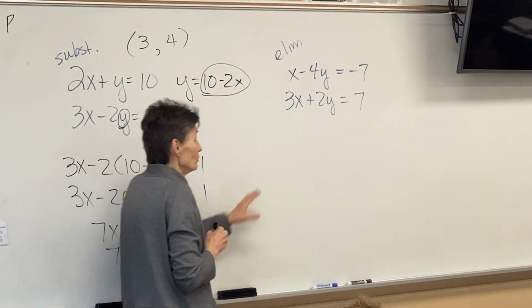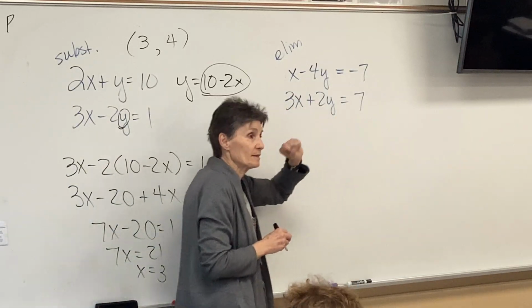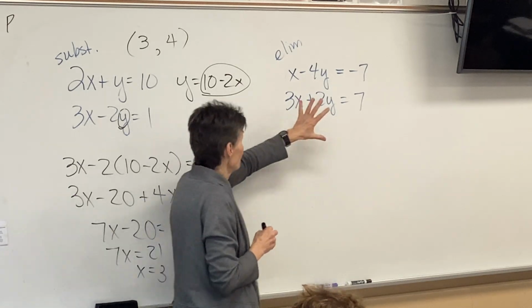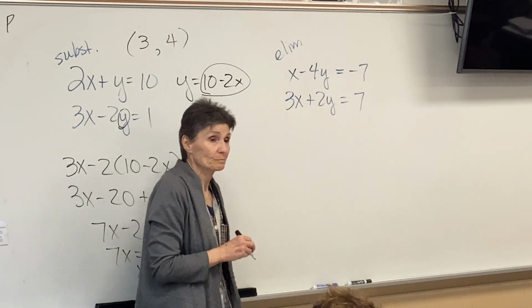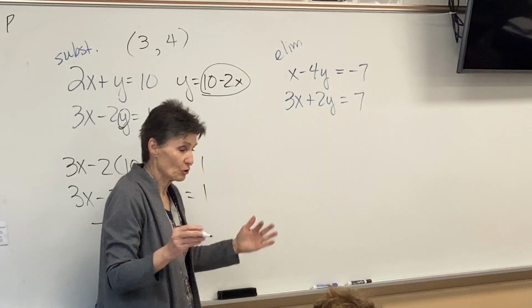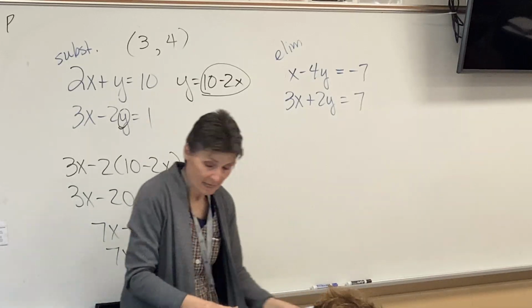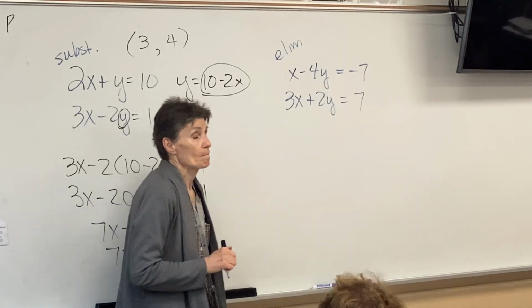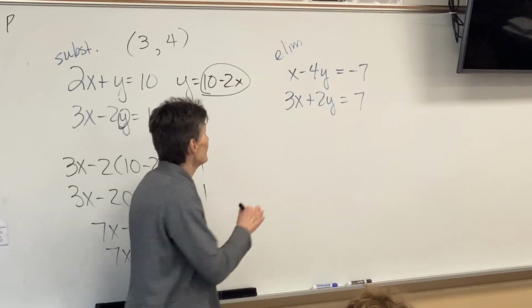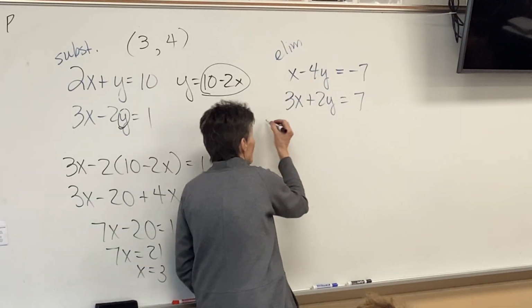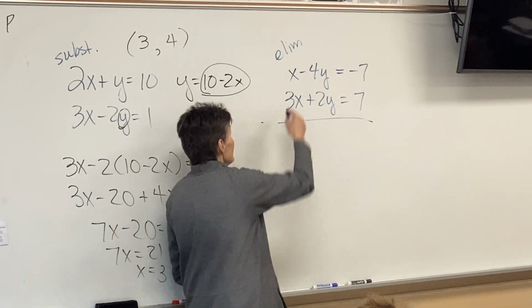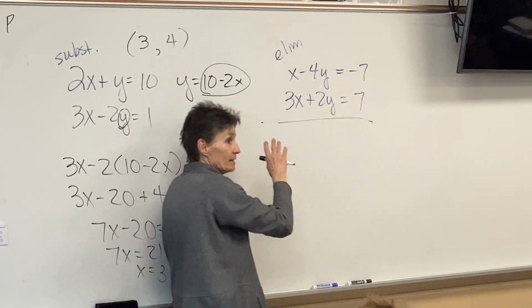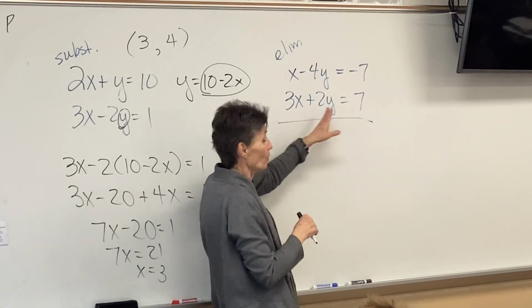All right. Problem looks just the same, not the same problem. It looks the same. This time we are eliminating. Different procedure. What do we do to eliminate? We need to make it so when we add these together, something gets eliminated. Okay, either the x's or the y's.